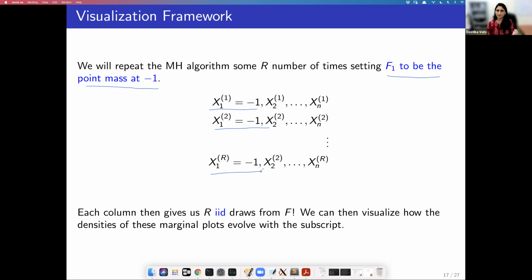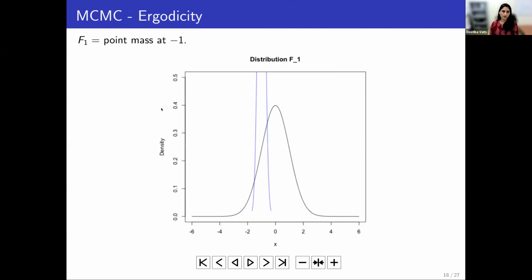And we do the same visualization we had done before. Now the density estimate at this point is pretty bad because it should just be one point mass, but R can't really do that very nicely. So it just gives you a very thin curve at -1. And then I'll run this.